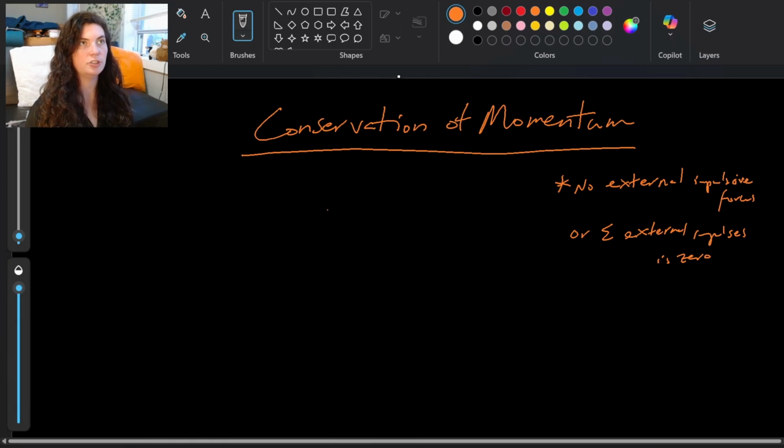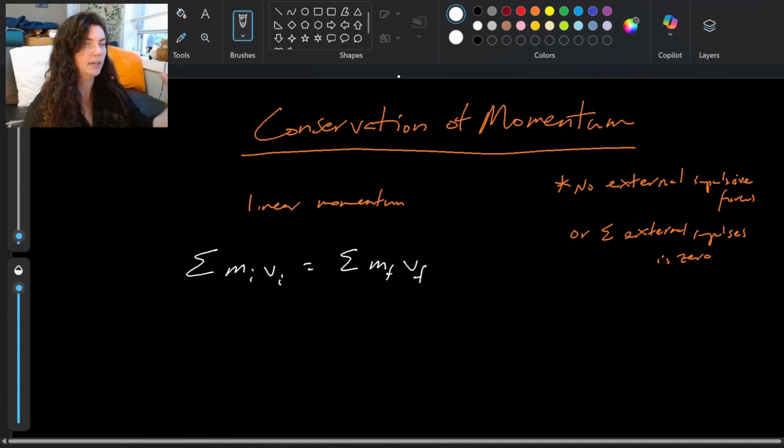So our conservation of linear momentum, and this is just for linear momentum, things moving in a straight line, says the sum of our initial masses times our initial velocities equals the sum of our final masses times our final velocities, however many are adding together, however many are in that full system.